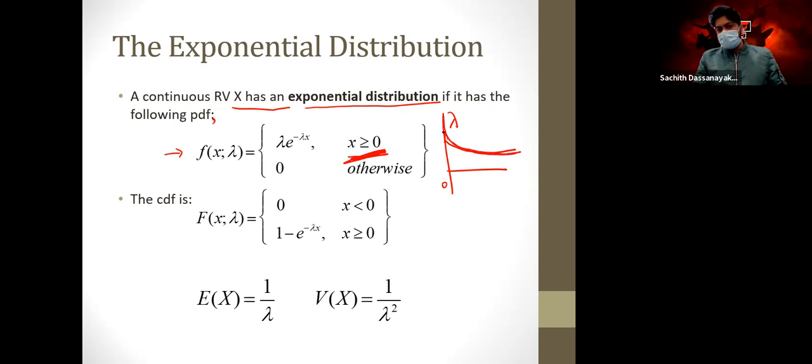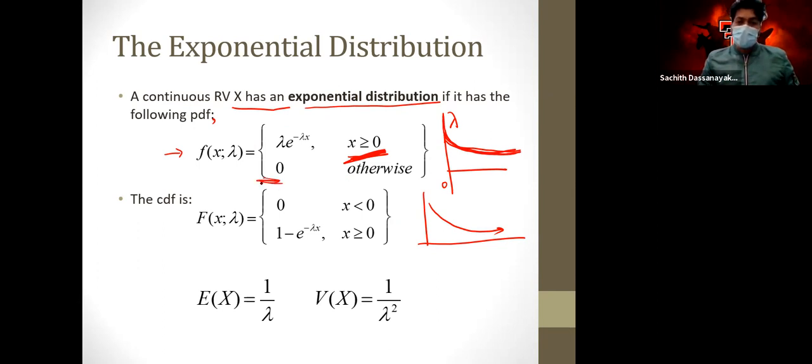Otherwise, for all values less than 0, the function is 0. Clear? For any x value less than 0, the PDF is 0.